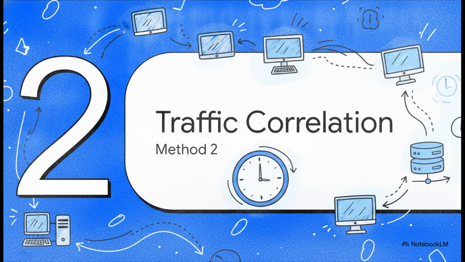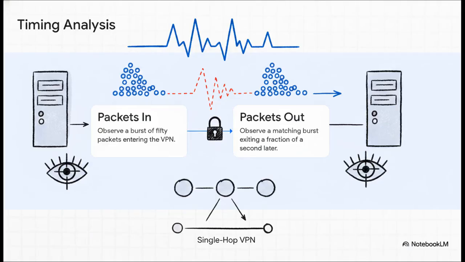Method 2. Traffic correlation. Some folks call this timing analysis, and it's a bit more advanced. Imagine you're looking at 2 synchronized waveforms. An adversary doesn't actually need to break your encryption at all if they can just watch traffic going into the VPN and simultaneously watch it coming out the other side. Step 1, they observe a highly specific burst of, say, 50 packets entering the tunnel.